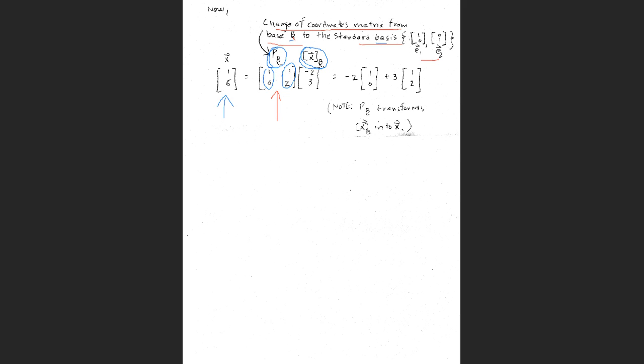Remember, you can write matrix multiplication, a matrix times a vector, this way, which is very helpful because you can see that the vector 1, 6 is simply equal to -2 times 1, 0, which is -2 times b1, plus 3 times 1, 2, which is 3 times vector b2.